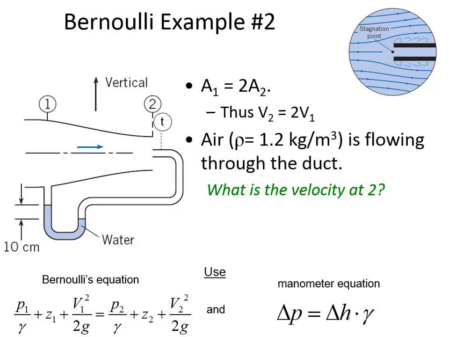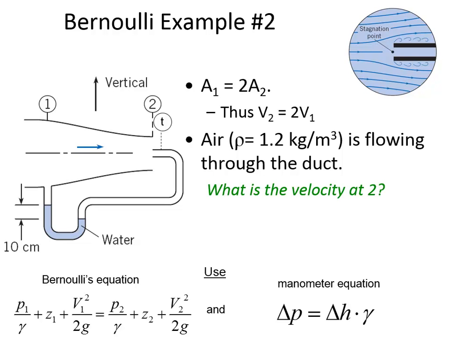Bernoulli's equation says that the pressure head plus the elevation head plus the velocity head at 1 is equal to all of those things at 2. That's the example we just solved, comparing 1 and 2 in the last example.